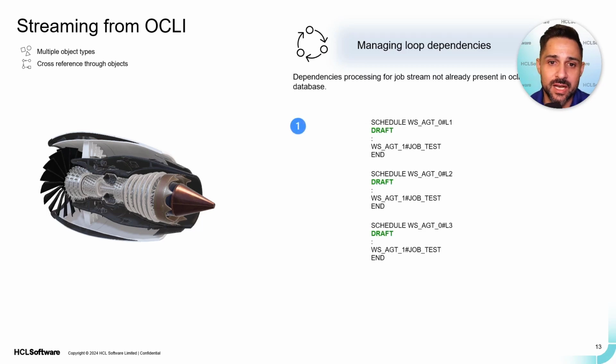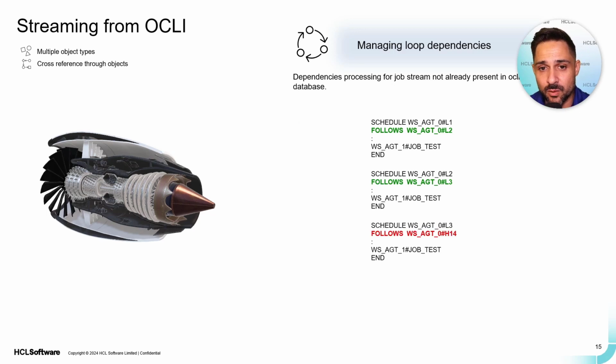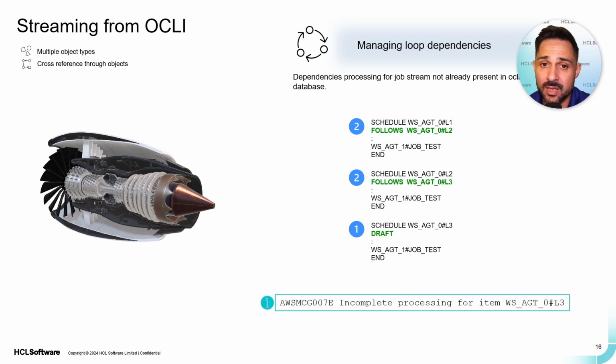So what the OCLI will do is add the job string in draft, let's say the dependency job in draft state, and then I'm able to replace the dependency, so it won't error out. Of course, if the job is not there, I might get an error. But again, our job string will be added to the plan. It will not error out like it does on Composer, even if the dependency is not there.